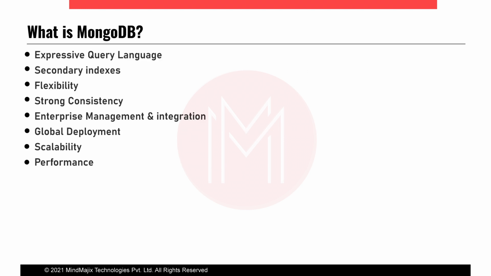Here is a list of advantages. It has an expressive query language. Next is secondary indexes, where we handle the index concepts. Then flexibility: it easily supports both horizontal as well as vertical implementation.